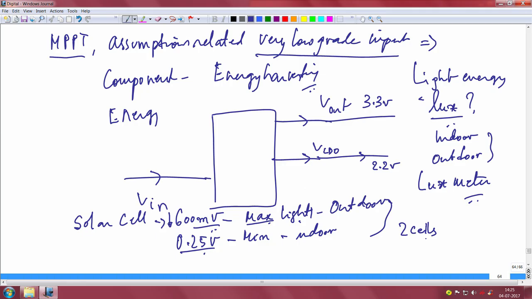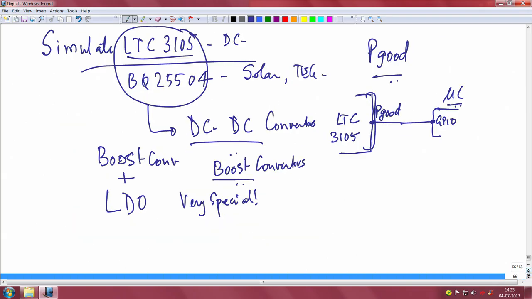What this MPPC pin does is, supposing you take 2 solar cells, you get 1.2 volts maximum under good lighting conditions.